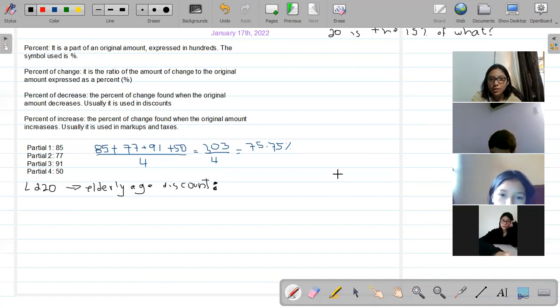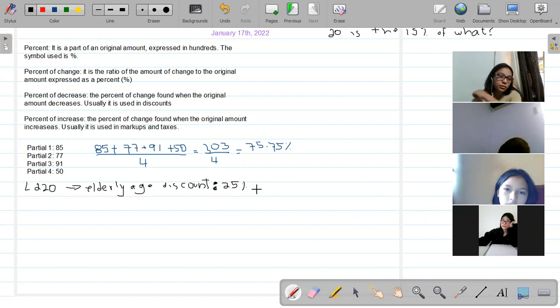50%. It usually is 50% for movie theaters, but I'm talking about the common discount. And it's not 50. 50 is only for movie theaters. It's 25%. So every single time that a grandparent or mother of elderly age goes and asks for a discount, let's say for food, it is 25%.